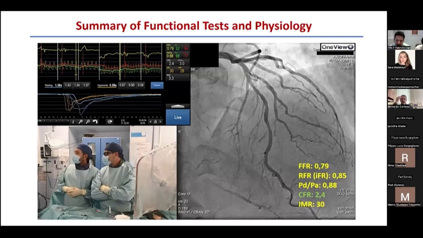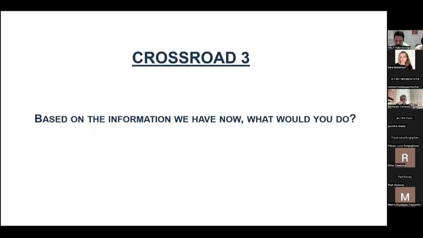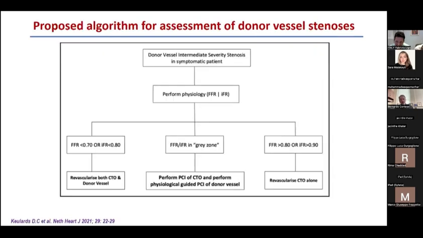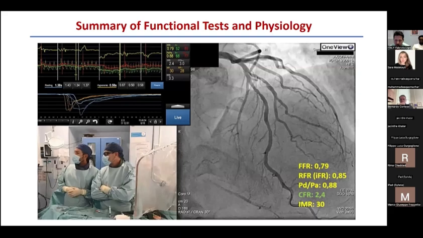So in my case, I am in a gray zone situation, but what do you think? Why do you say gray zone? Can you come back to the values? Yes. FFR 0.79 is positive. The iFR or the FFR? I mean FFR.